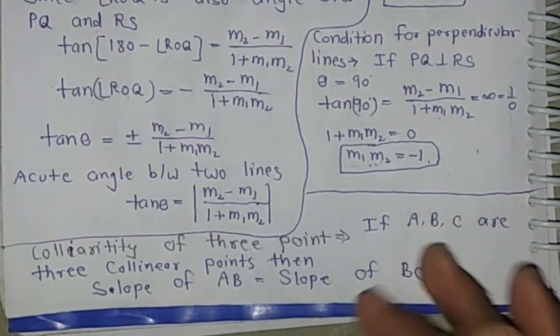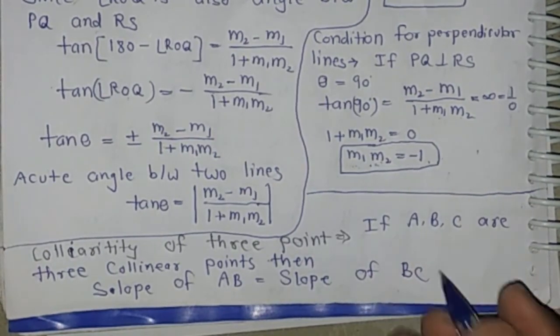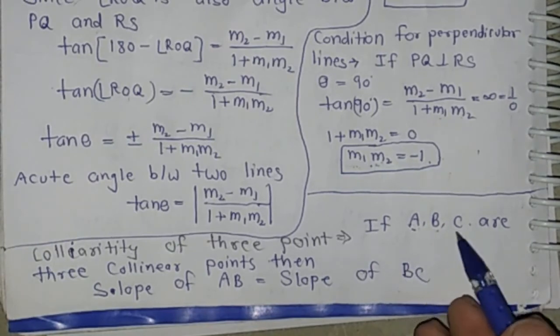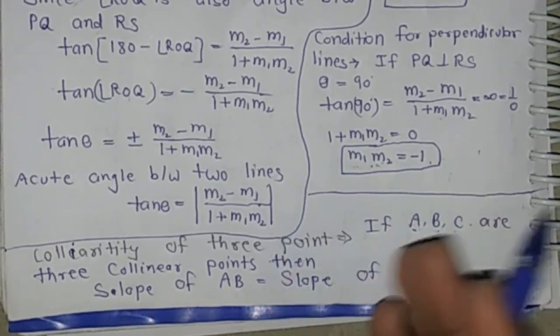Means if ABC are three collinear points, then slope of AB is equal to slope of BC, or slope of AC is equal to slope of BC, or slope of AB is also equal to slope of AC.